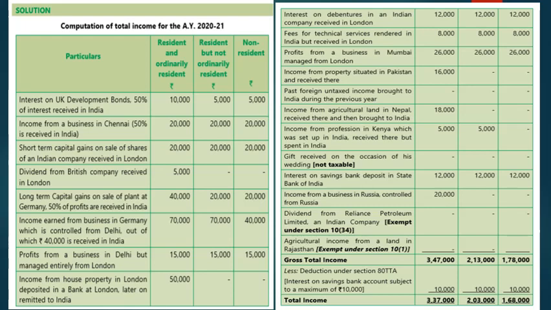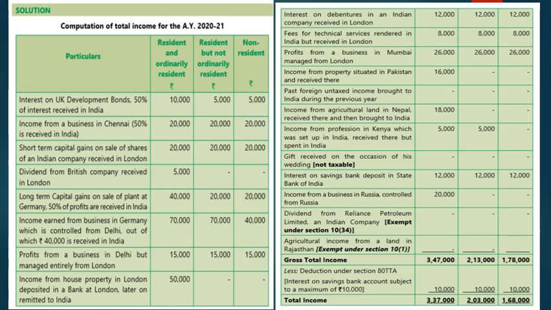In a nutshell, all incomes, whether due in India or received in India, are taxable to the resident and ordinary resident, except some exempted incomes. And for not ordinary residents, incomes from a business or profession controlled from India are taxable.